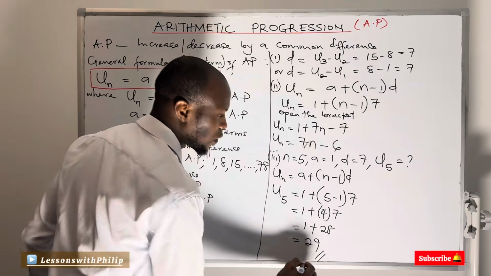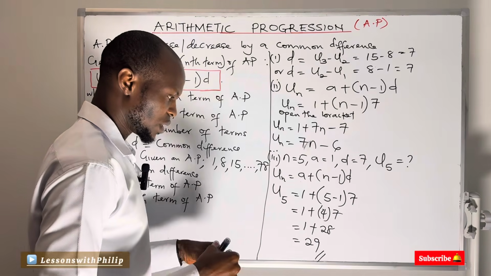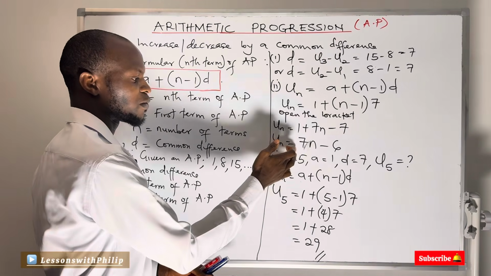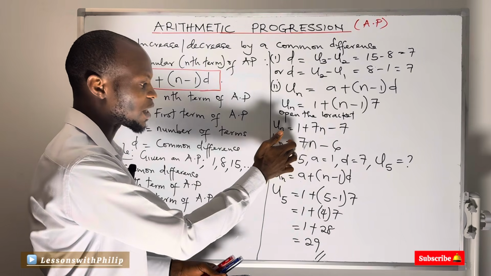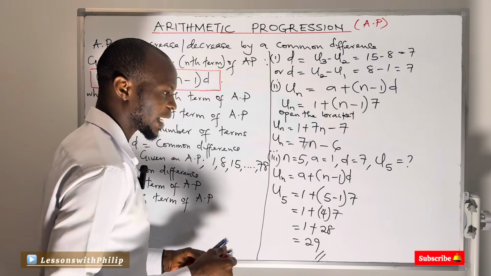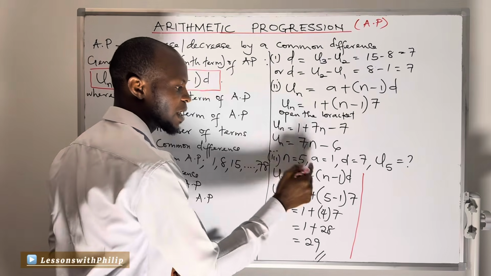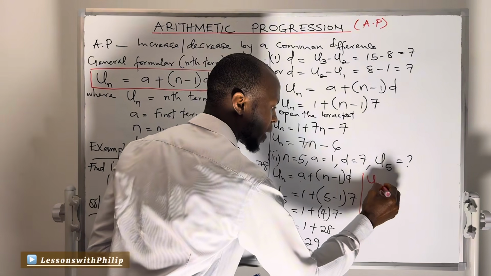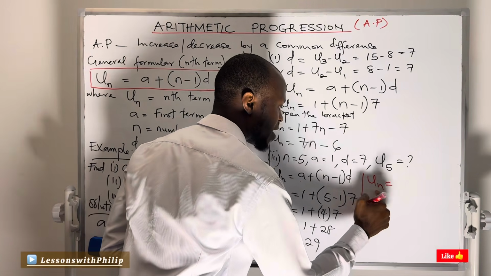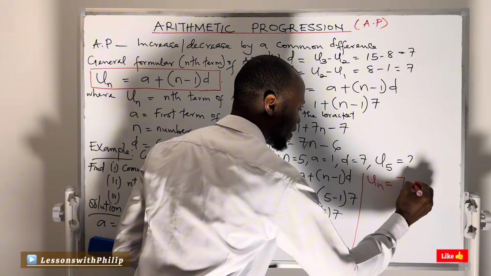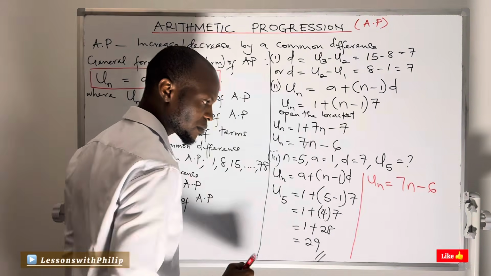And automatically, my fifth term value will be 29. Take note. Since in one of the questions I'm asked to find the nth term, I can decide to go from there. My nth term is given to be 7n minus 6.